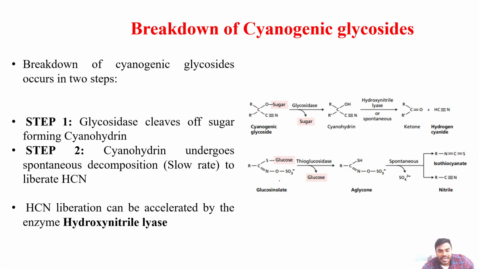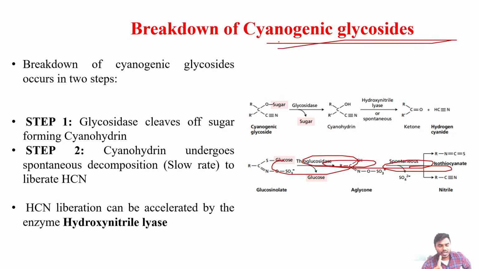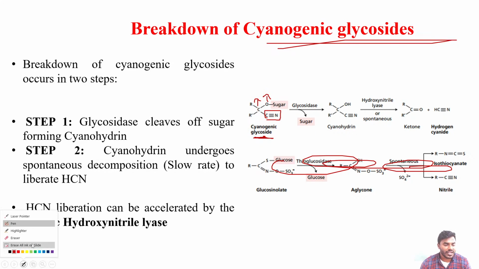Is there any necessity to remember the structure of a cyanogenic glycoside? No, but understand the composition. Cyanogenic glycoside contains carbon, sugar and cyanide. Follow me very correctly.